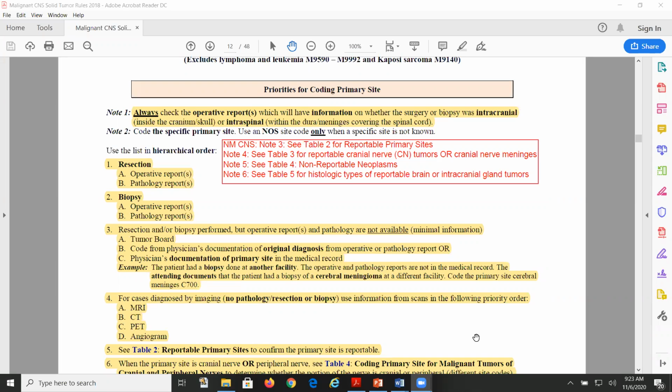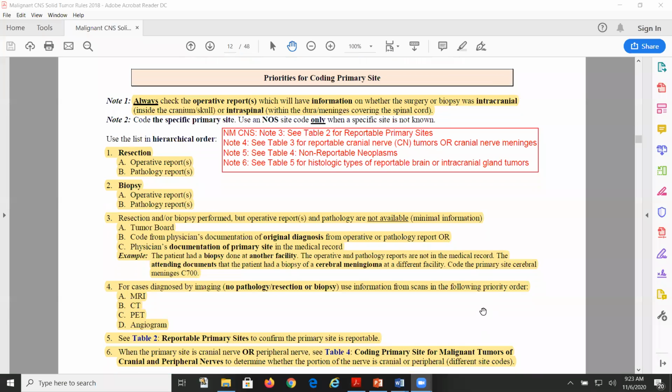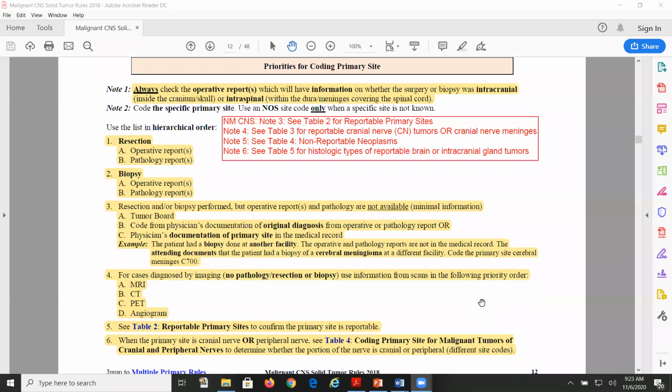Next in priority for cases that have no pathology is imaging in priority order of MRI, CT, PET, or angiogram. And then you can see the reportable primary site table to confirm that the primary site is reportable. And like I mentioned before, this is particularly important for your non-malignant CNS sites.